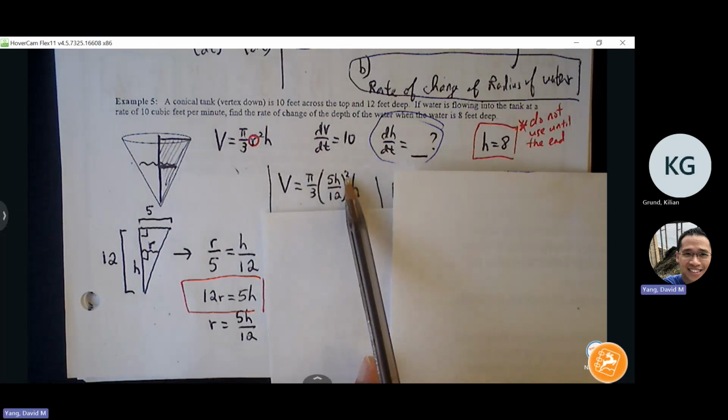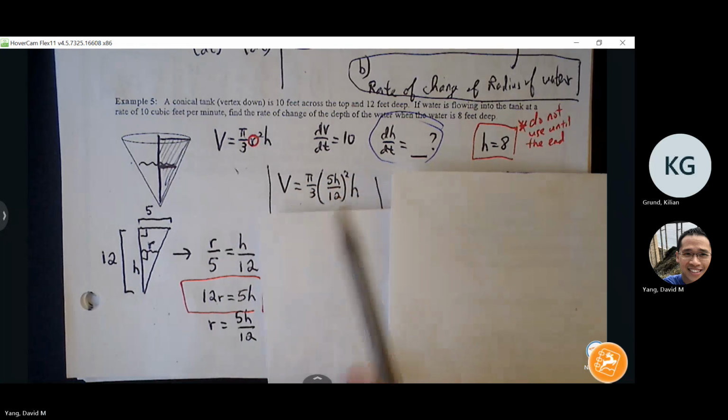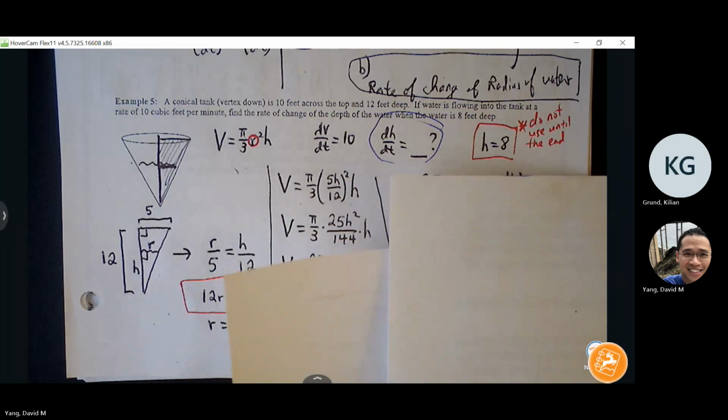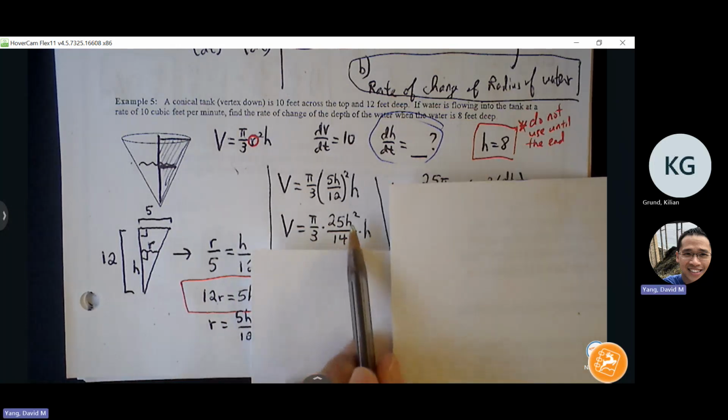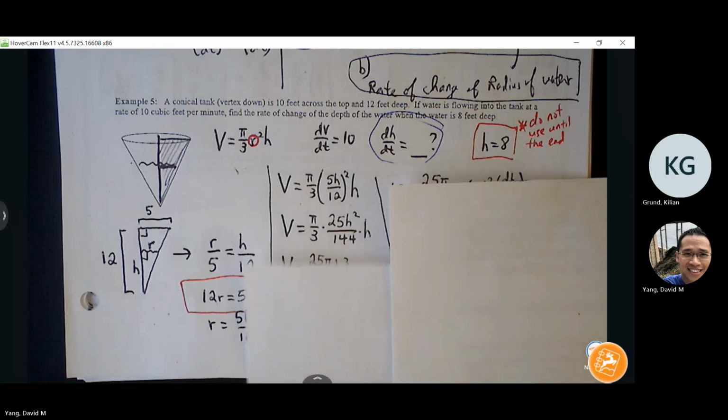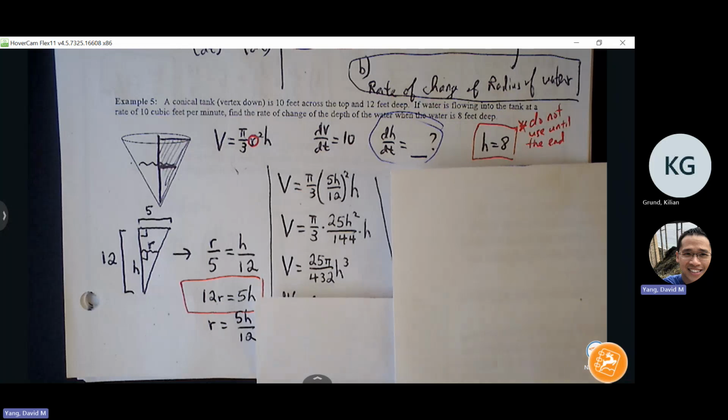So distribute the 2 through, I get 5 squared, h squared, 12 squared. Okay, continue cleaning up. All the coefficients can go together. The h's can merge together as well. So I get 25 pi over 432 h cubed.